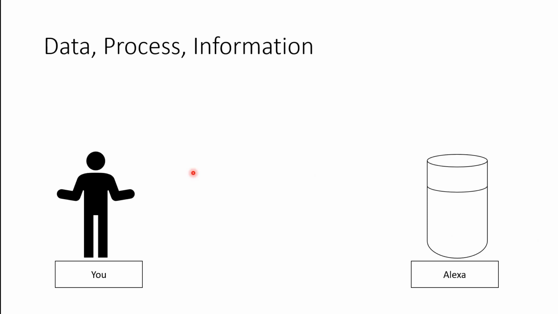So let's put this in context with an example. On the left side, we have you, and on the right side, we have some kind of smart speaker like Alexa. So commonly what we do with these smart speakers is we ask them a question, and that in database nomenclature is known as a query. And then the smart speaker would then process the question and then give us back information, that is data in context. So here's a great example.